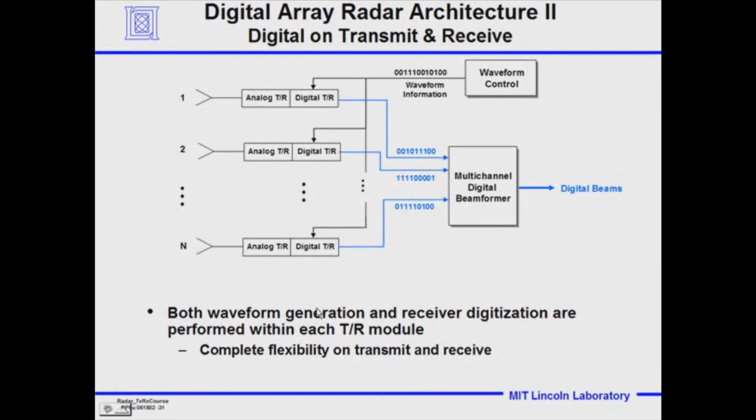Okay, so both waveform generation and receive digitization are performed within each TR module. And that gives us complete flexibility on transmit and receive. It allows us to do an enormous amount of sophisticated signal processing and adaptive signal processing techniques that are very, very useful.